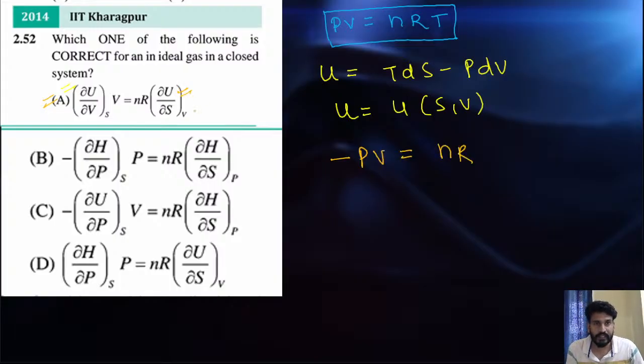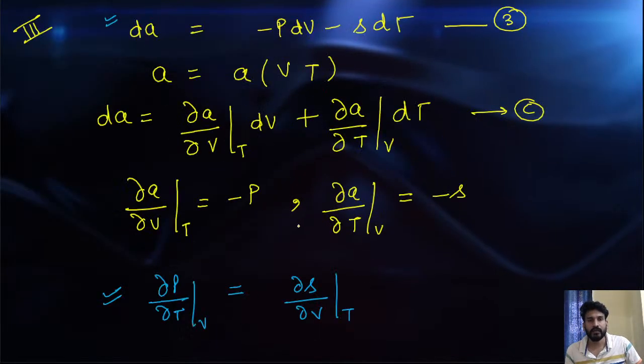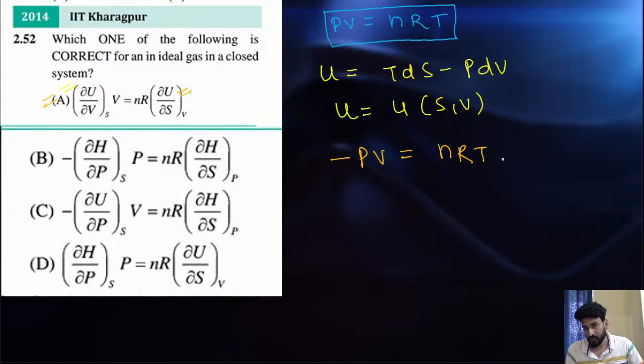Let's check ∂U/∂S, which keeping V constant is T. So is this my ideal gas equation? No, it is not, because it is PV = nRT, not PV = −nRT. Right?